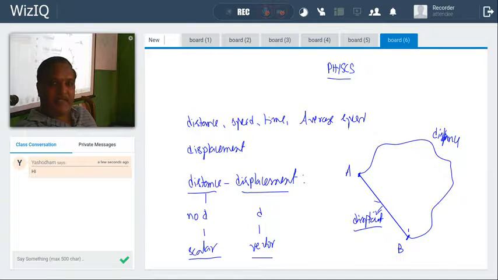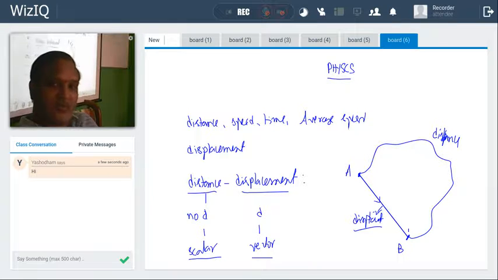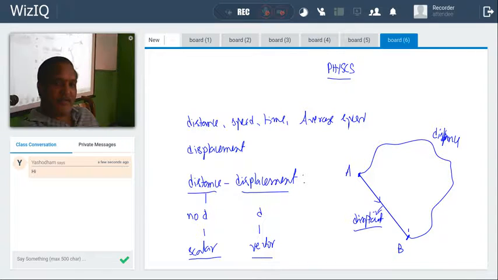So it is in this direction. The body is displaced from the initial position to the final position, in the direction of B. So the length of AB is known as the displacement of the body.